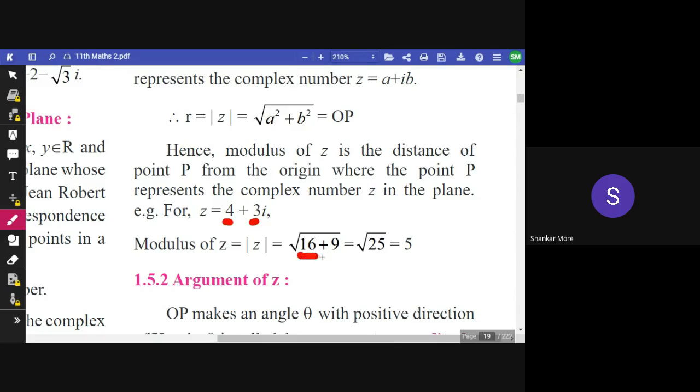So the square of 4 is 16 and the square of 3 is 9, and the root of both of these. So 16 plus 9 is 25, and the root of 25 is 5. Correct? So mod of z is 5. Understood? I hope you have understood.